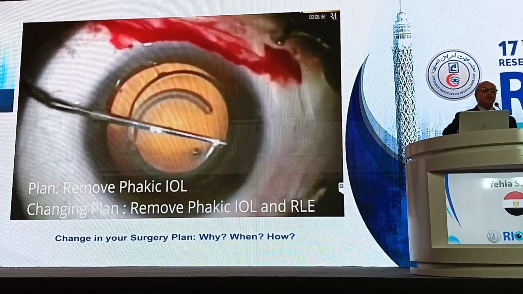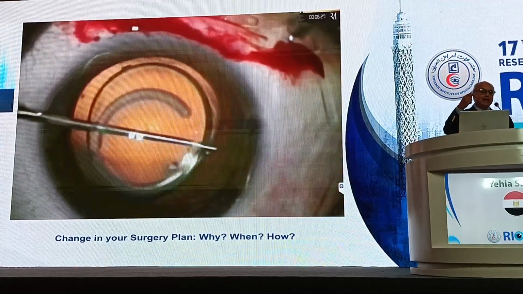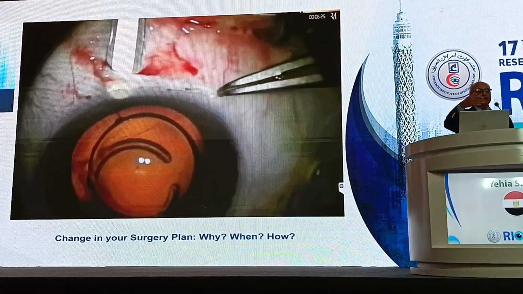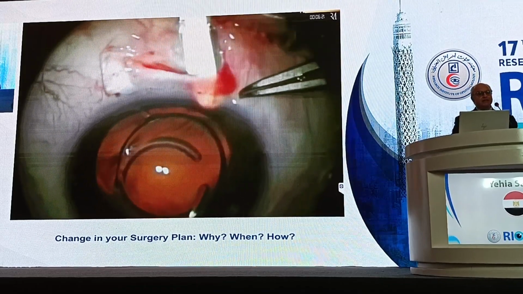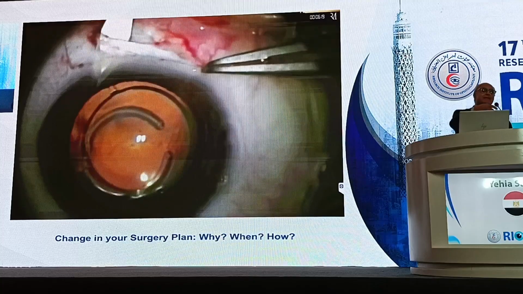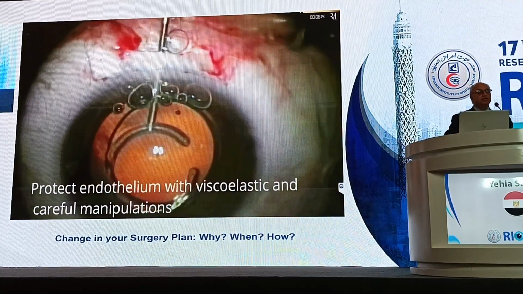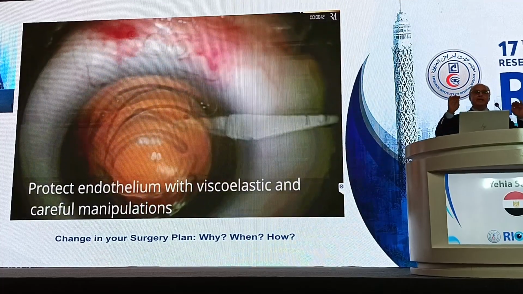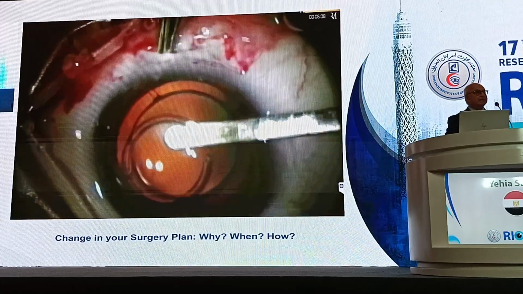First, I have to remove the anterior chamber phakic lens that has been there for many years. I started with a scleral incision to decrease the possibility of inducing astigmatism. The first thing you think is that you will grab the lens and go out. But once I checked, there was synechiae at the footplates of this anterior chamber lens at the angle.